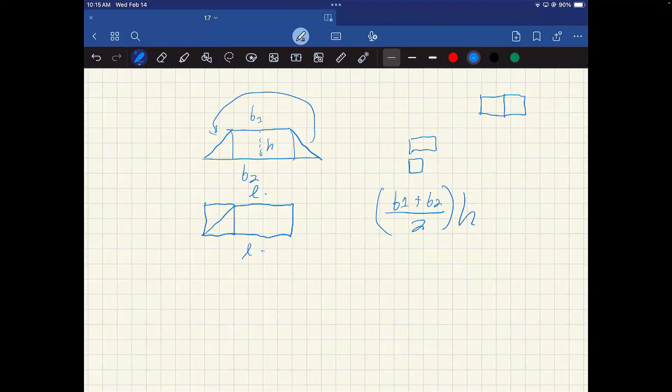Now, if I were to change the B's to L's and the H to W, that might be something I recognize as length times width equals the area. Point to the quadrilateral. When I run into a trapezoid, what I can do is add the bases together and divide by 2 to find, if I turn this into a quadrilateral, how long that side is going to be.